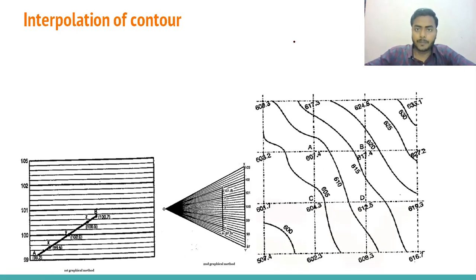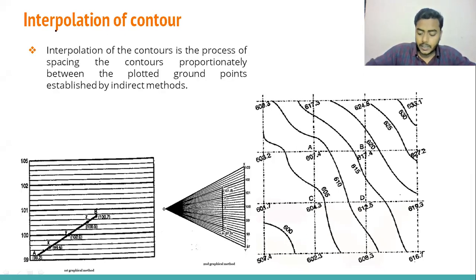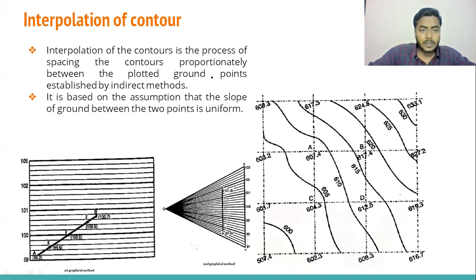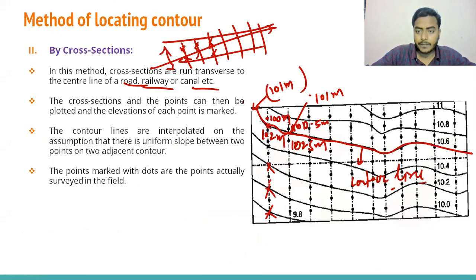Interpolation of contour. Interpolation of contour means spacing the contours proportionally between the plotted ground points, like we have seen in the previous slide.